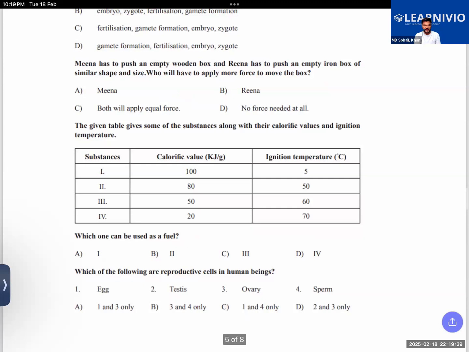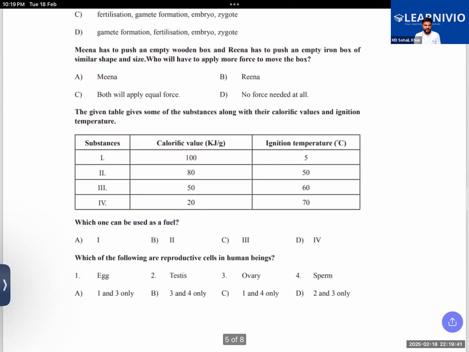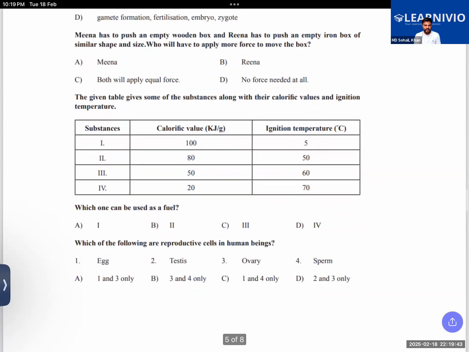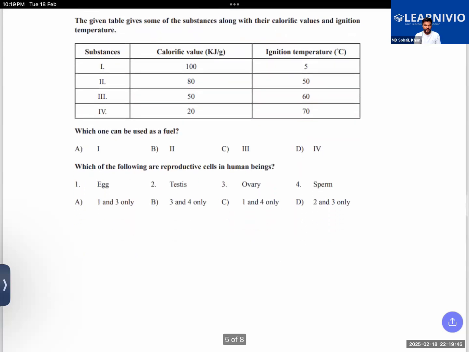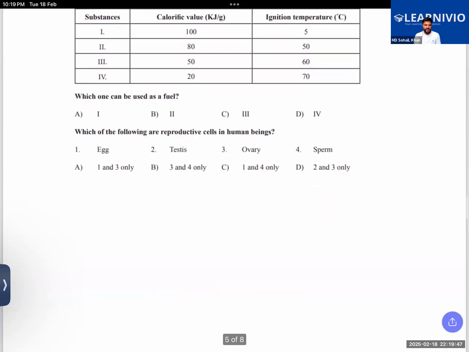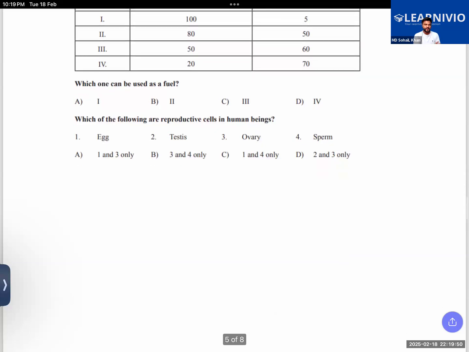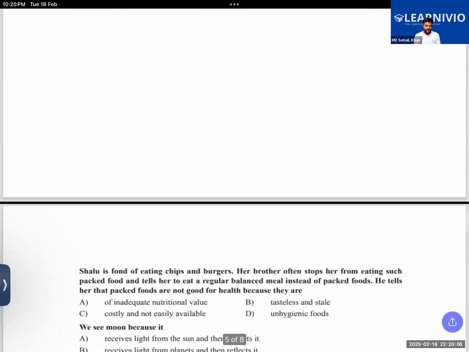So you won't be answering that. Neither is combustion and flame. This one, answer this one. Which of the following are reproductive cells in human beings? Egg and sperm. 1 and 4 only. Option C.